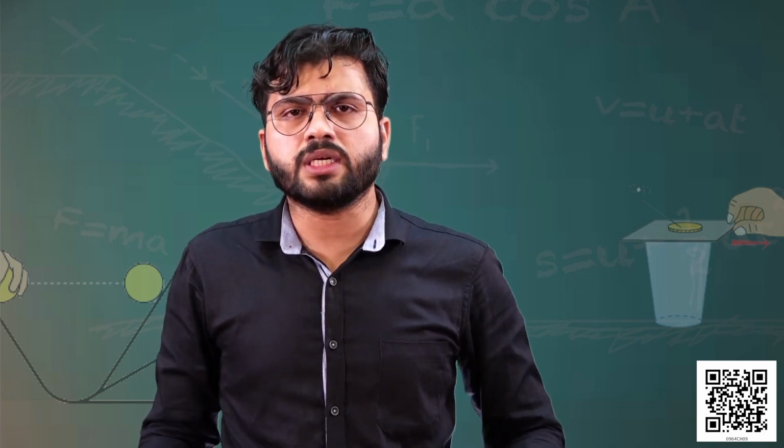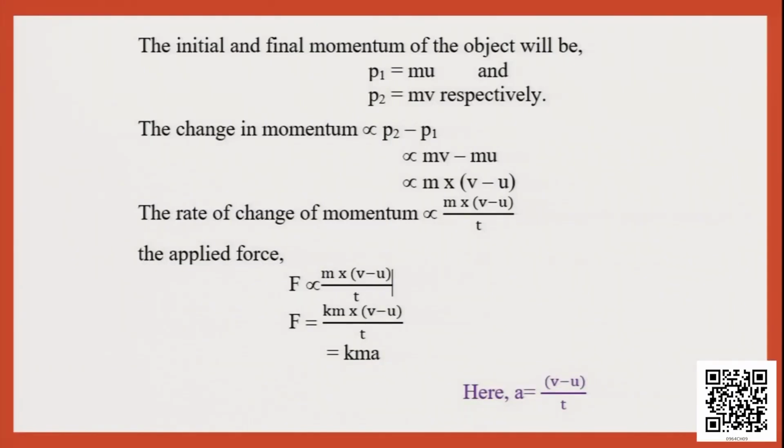So, what can we do here? As the velocity is changing, we can find the initial and final momentum. The initial momentum, let us indicate by P1, is equal to m into u, that is mass into initial velocity, and the final momentum, indicated by P2, will be equal to mass into the final velocity v.